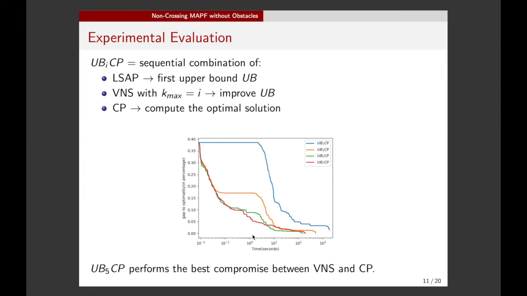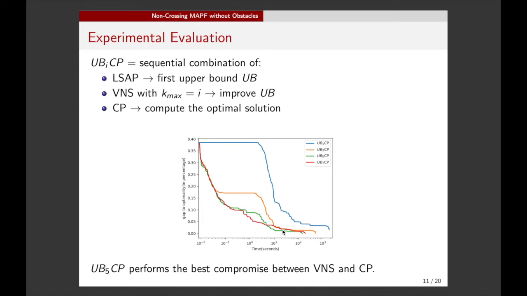We can compare the 4 curves. When I increases, the VNS can compute a smaller upper bound. However, it takes more time. As a counterpart, with a smaller upper bound, the time spent to build a CP model and to find the optimal solution also decreases.